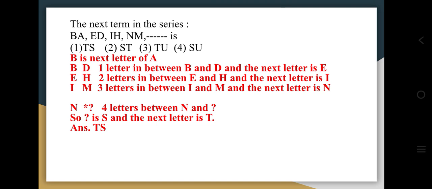So first 1 letter missing, then 2 letter missing, then after I, J, K, L, 3 letter missing, we have M, N. So after N, 4 letters have to be missed. So after N, O, P, Q, R. So the next letter is S.